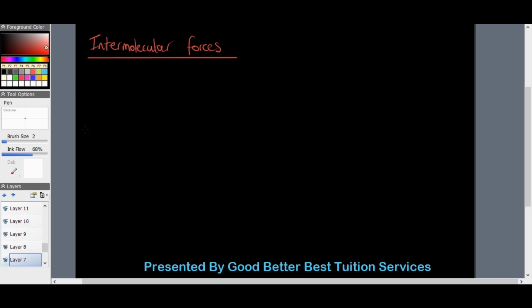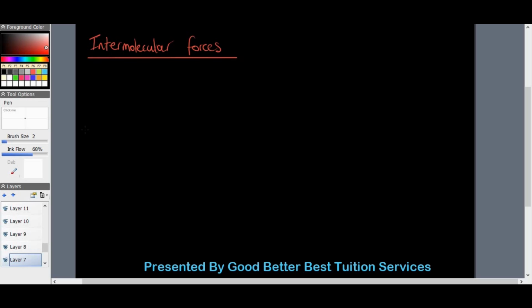Okay, so I just want to introduce intermolecular forces and what it is all about. Intermolecular forces are forces that exist in between atoms in compounds and molecules. But more specifically, intermolecular forces are attractive forces between molecules or between molecules and ions.